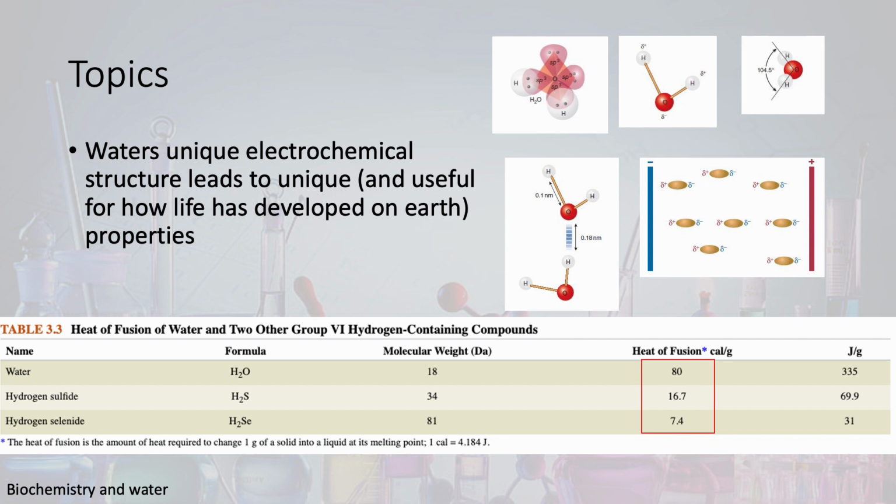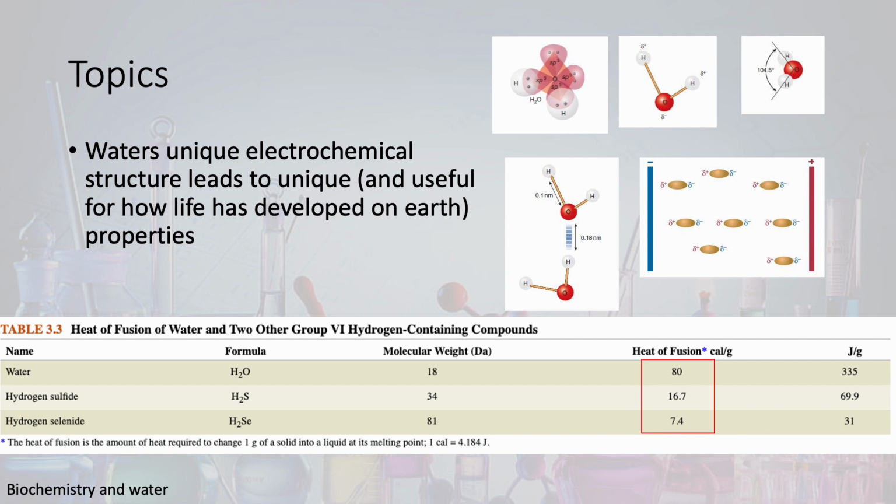So remember, water is also highly polar, so if placed in an electrical field, the positive ends, so the hydrogens, would align with the negative portion of that electrical field, right? In this case, this would be the cathode, anode. Remember, cations travel towards the cathode, and anions travel towards the anode. So water would align that way, right?